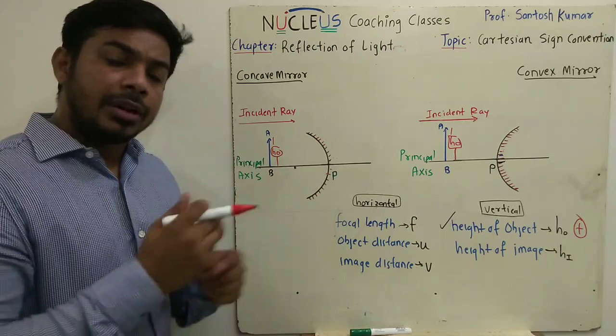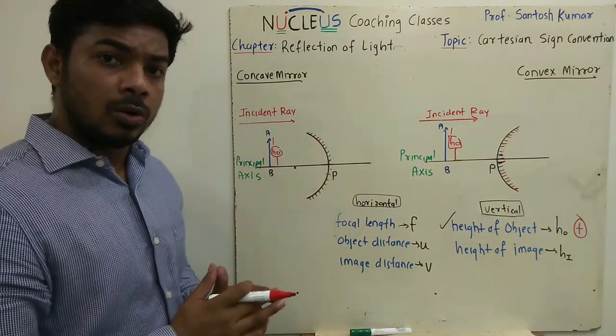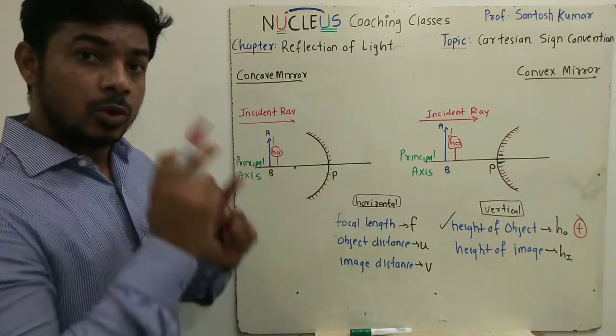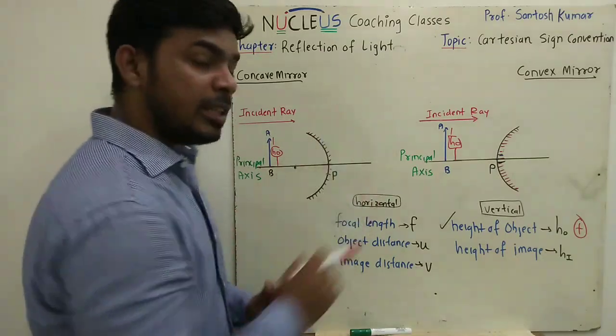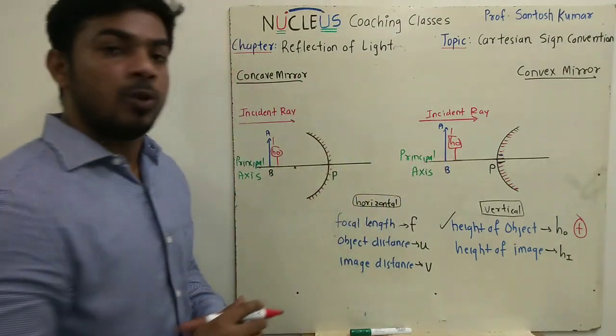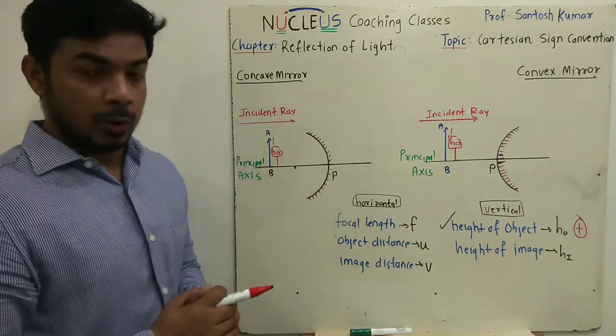Even in our ray diagram, if you remember, any object we draw is always above the principal axis, right? So remember, height of object will always be positive. This is the height of object h naught, since it is above principal axis, so taken as positive.